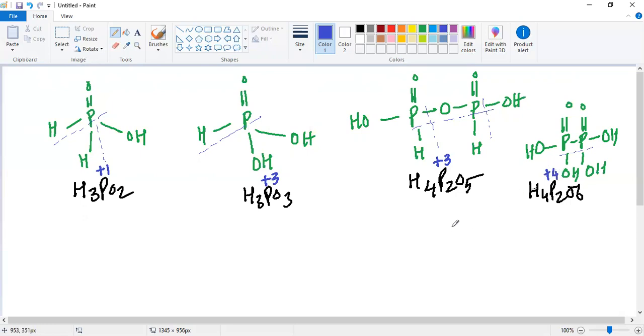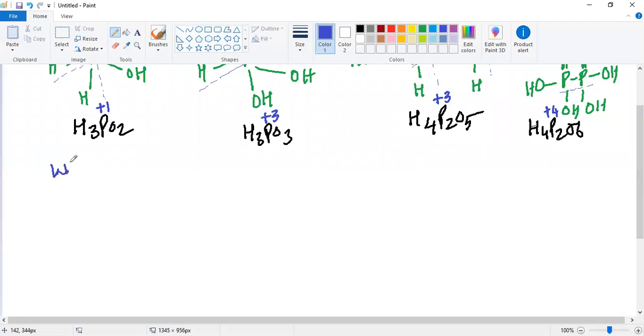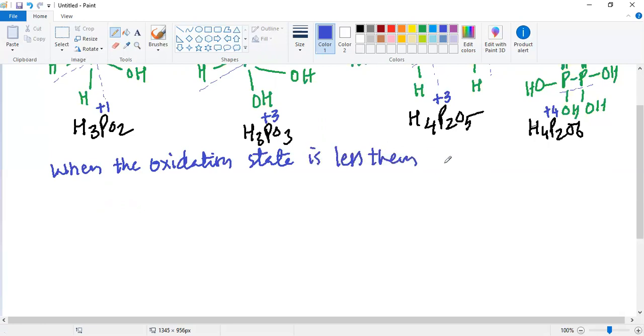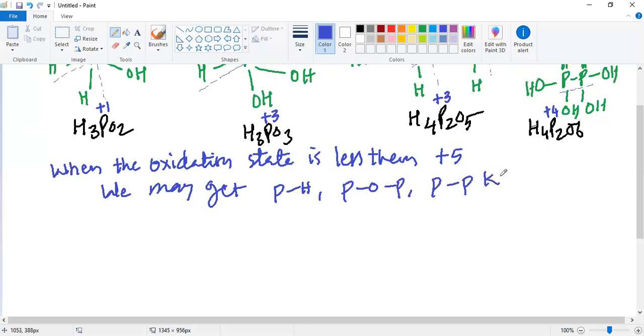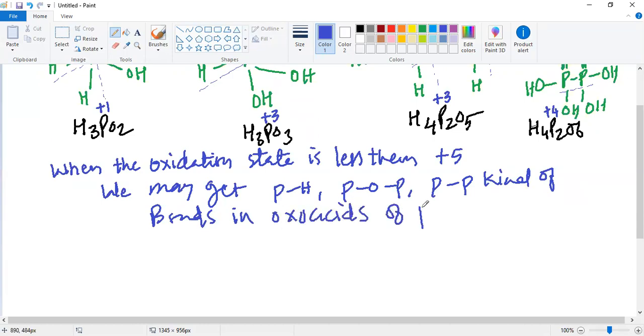So when the oxidation state is less than +5, please remember, my dear students, we may get P-H, P-O-P, or P-P kinds of bonds in oxoacids of phosphorus.